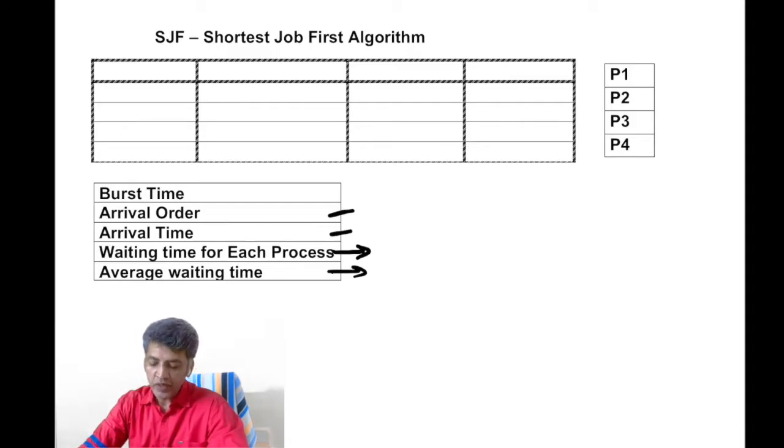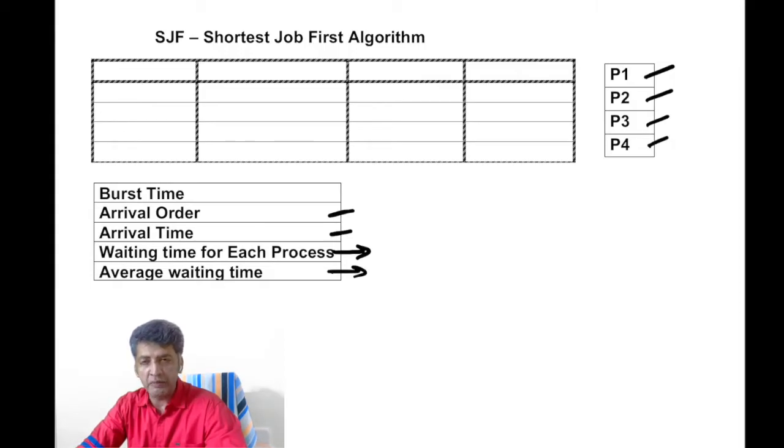For this algorithm also, I am going to take 4 different processes: process 1, process 2, process 3 and process 4. These are the 4 processes I am going to take as an example. For this also, I need to fill out burst time, arrival order and arrival time. So here I'm going to fill out the table, then we will calculate it.